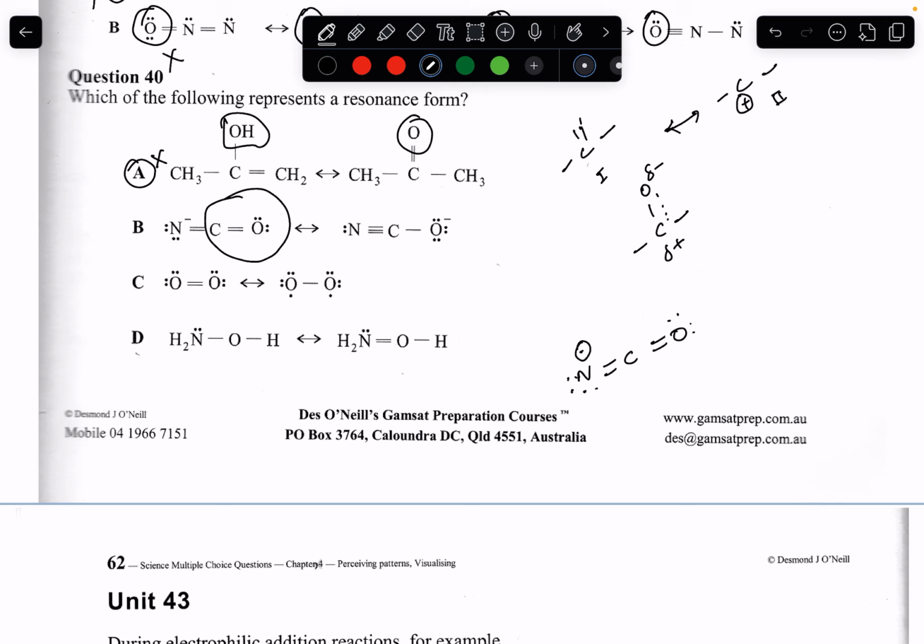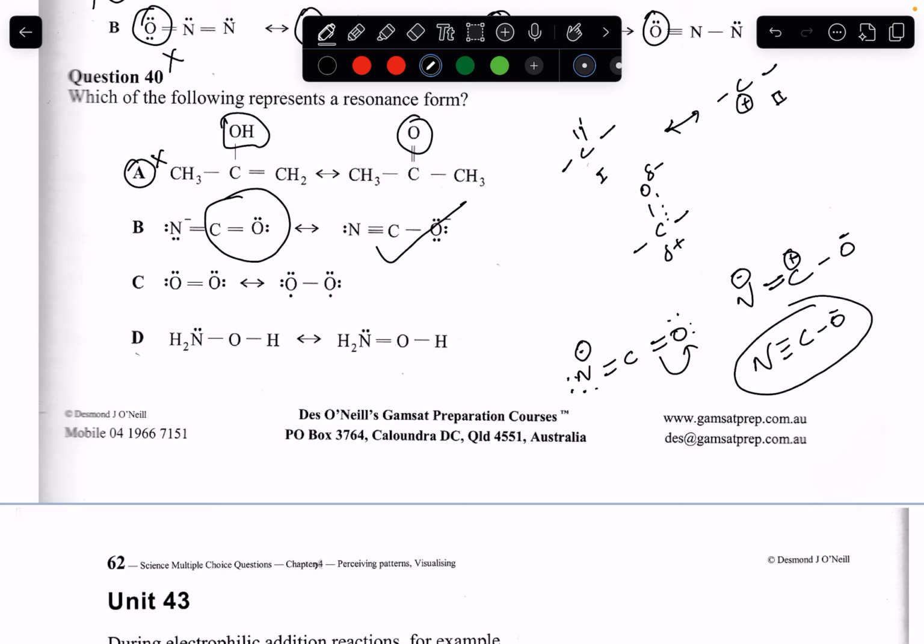Like this. So if you break this, oxygen is minus, this one is plus, here we have a double bond, and this nitrogen is negative. So this minus and this plus combine, and that makes a bond. So we have a triple bond here. Clear? So this one is a correct resonance form.